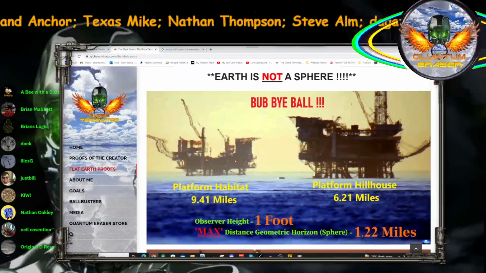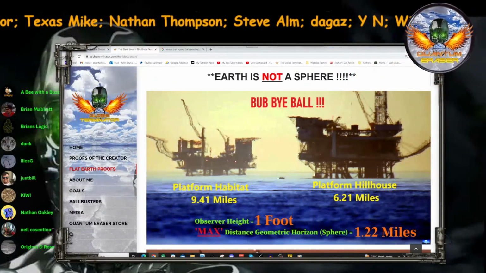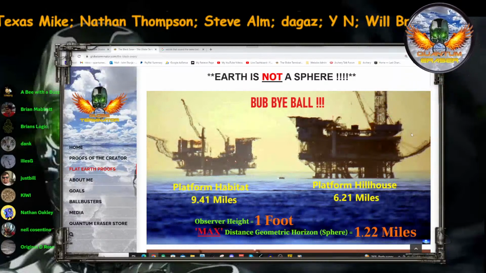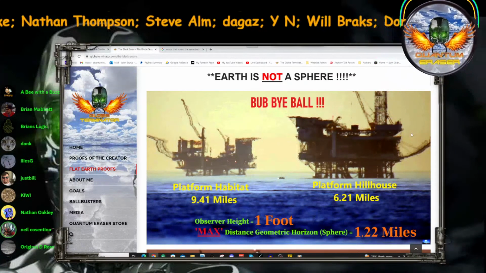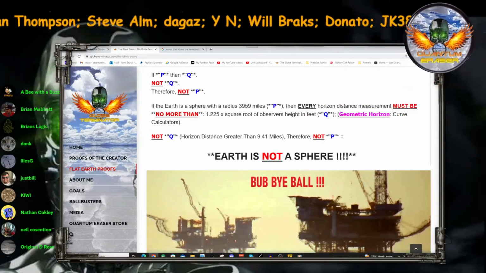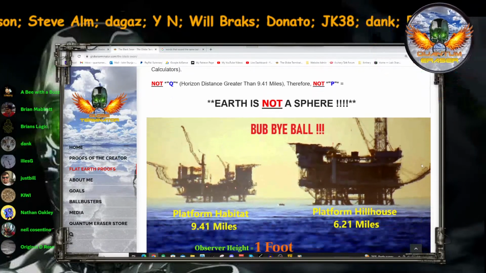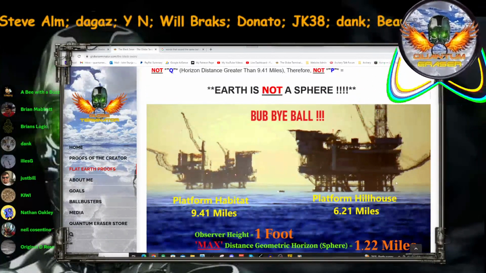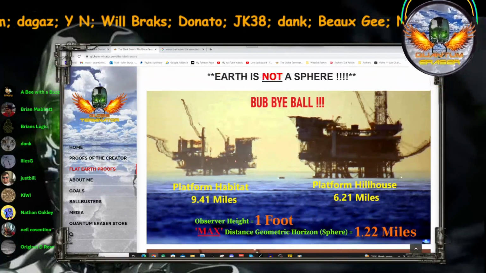So when you look at this photo, who really cares what's happening with the oil platforms, right? It's not the argument exactly. It's the horizon distance. But I don't know what it is with people. Maybe they're just looking at the photo now and not looking at the argument.